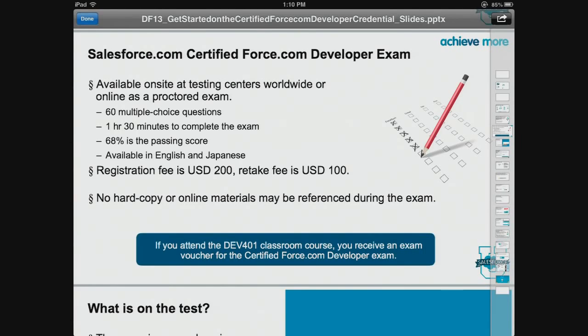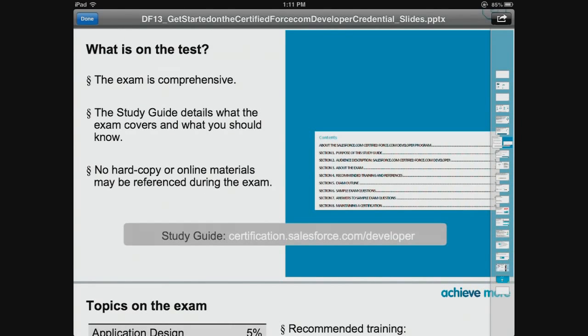What's on the test? It is comprehensive, and this is probably why people who do fail it, even if they've been working in the platform for a while. It's intended to show that you have a broad knowledge of the platform. Not necessarily overly deep. It's certainly nuanced. The platform is nuanced. But you have to know the spectrum of the declarative functionality. That's the whole point.